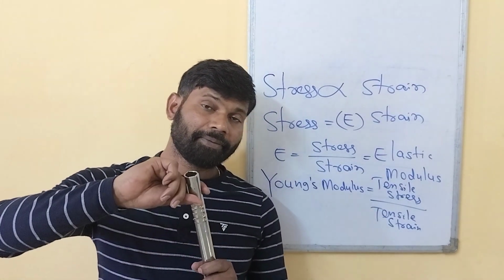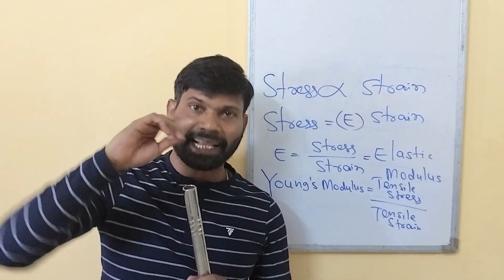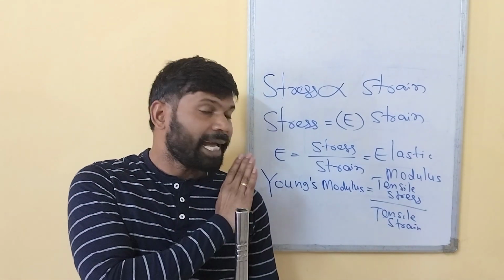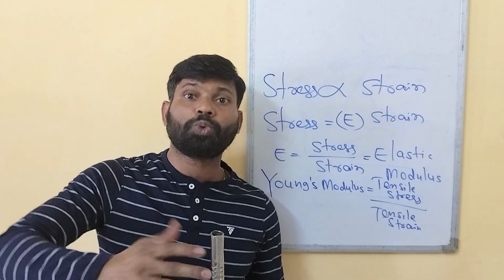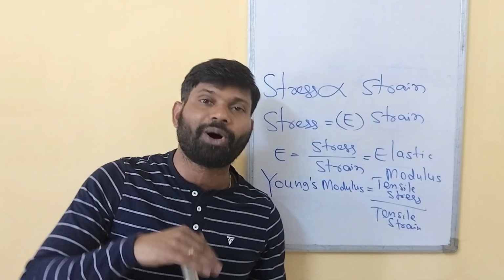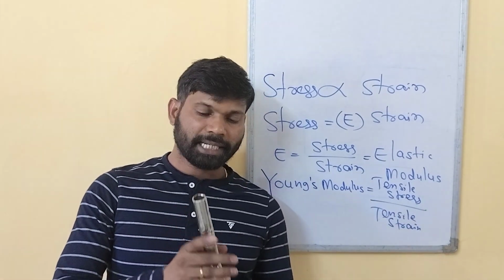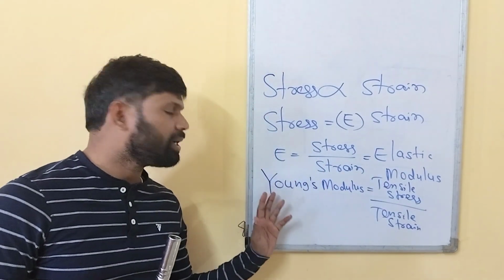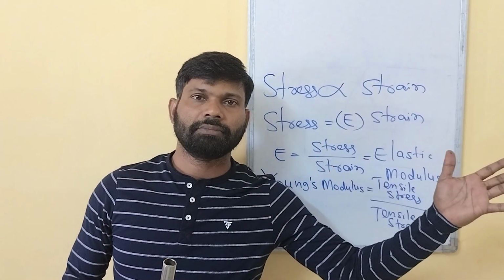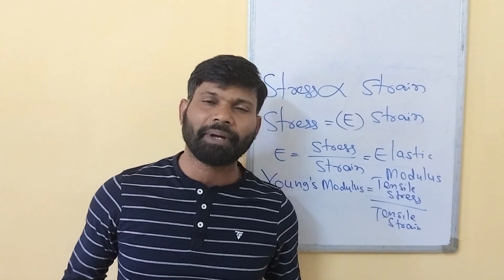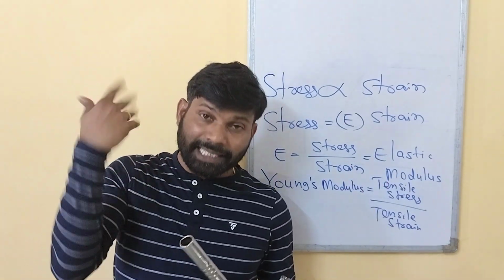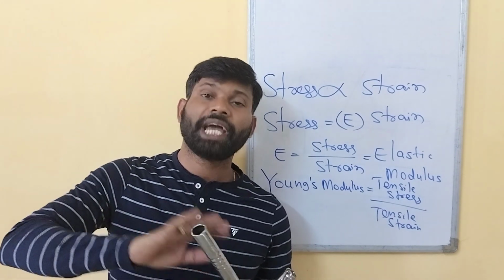This is for change in length. This Young's modulus measures its resistance to change in length of the solid. Means, if Young's modulus is some value, say 20 into 10 to the power of 10 Newton per meter square, what does it mean? It will resist change in its length.